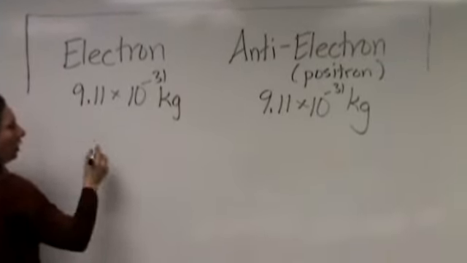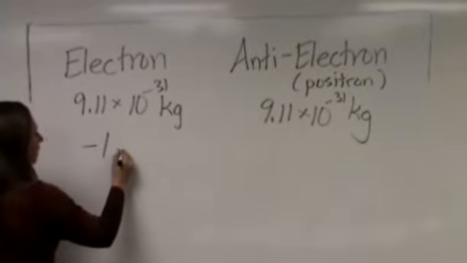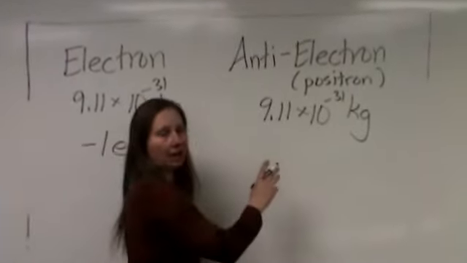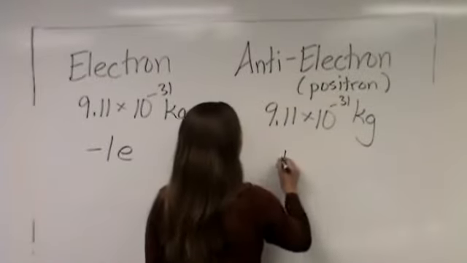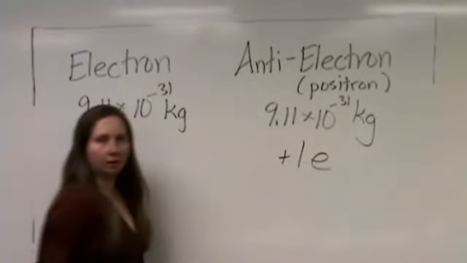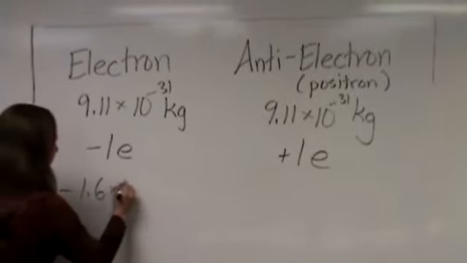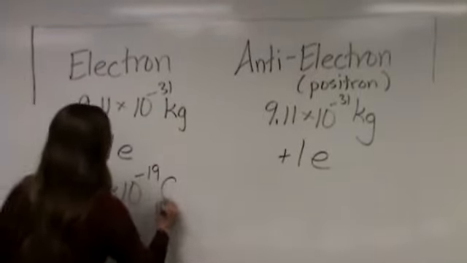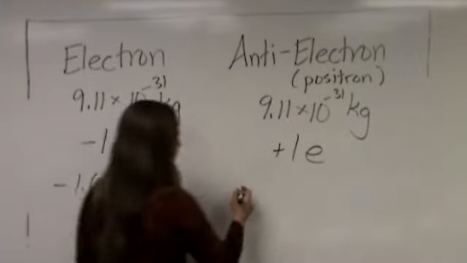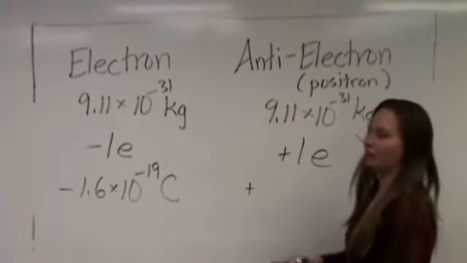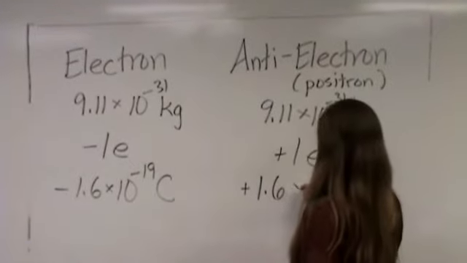We know that the charge of an electron is negative 1e. That means that the charge of an anti-electron must be positive 1e. The charge here, negative 1.6 times 10 to the negative 19 coulombs. The charge of this guy, positive, right? Positive, same magnitude.